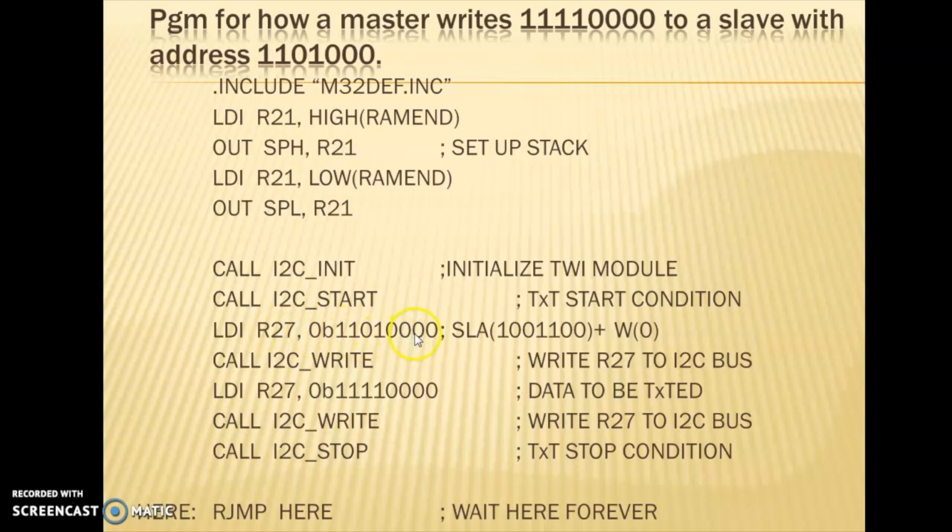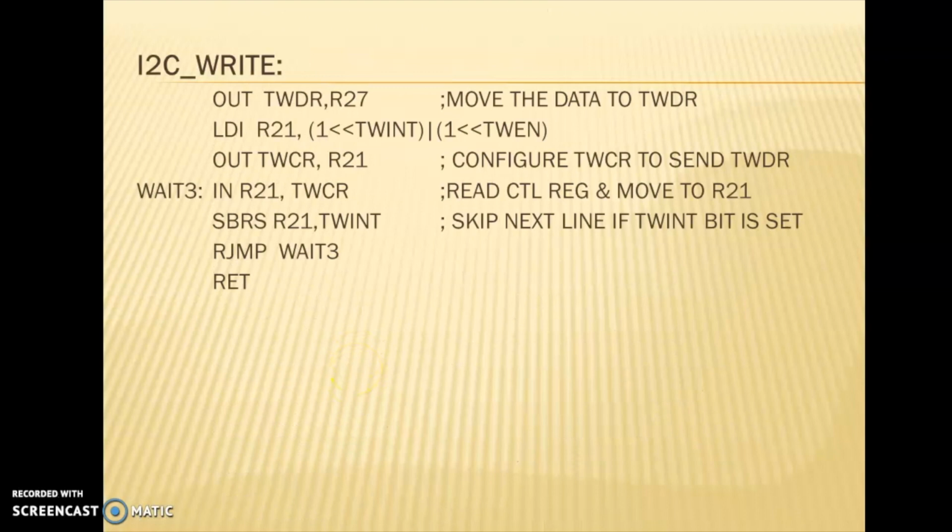This is the 7-bit address and the 8th bit is set as 0 for write, and then we are calling the write program. In the write program, the data in R27 is moved to the data register, and we are enabling the TWINT and enabling the device, and we are waiting for the data to be transmitted.